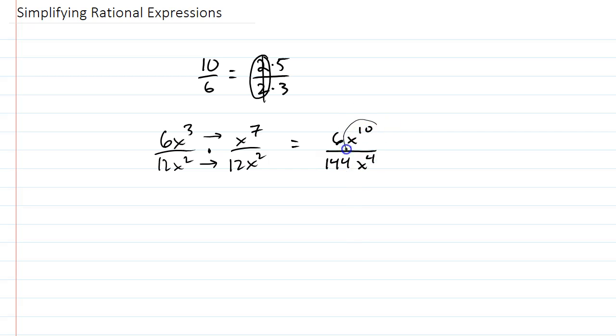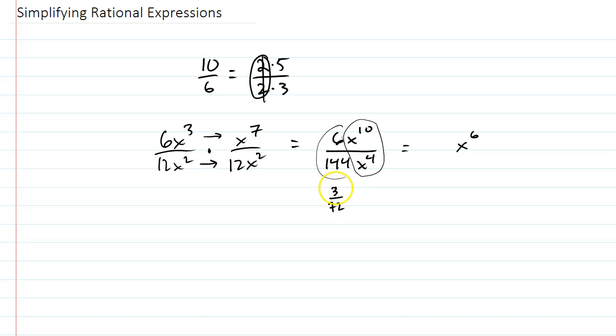And now I'm going to think, if I have 10 x's on top, 4 on the bottom, 4 of them are going to cancel. So I know that for the x's, there will be 6 left on top. Now the 6 out of 144, I have to break that down. I know that both 6 and 144, 2 goes into them. So that will simplify to 3 over 72.